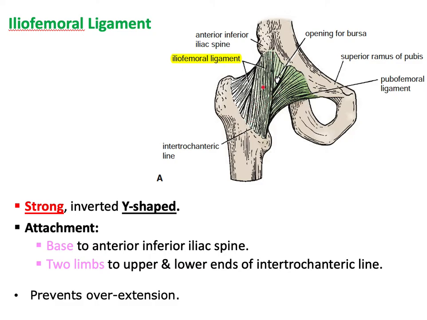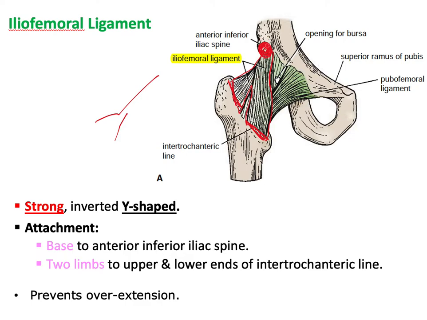This is the iliofemoral ligament, which looks like an inverted Y shape. Look at it here. So I will draw it this way. It's an inverted Y shape, in which its base attaches to the anterior inferior iliac spine, and it has two limbs because it's an inverted Y. They attach to the upper and lower intertrochanteric line. You can just say the intertrochanteric line, that's also fine.